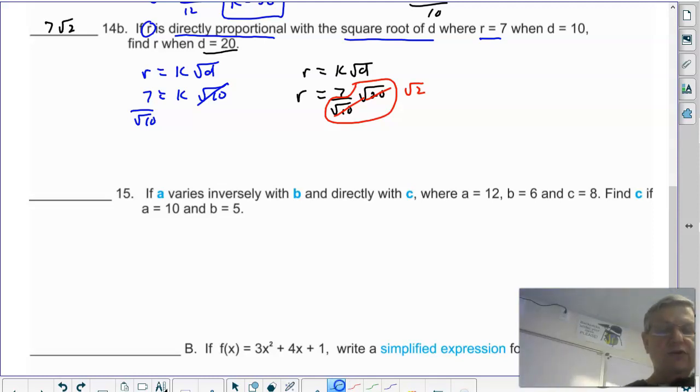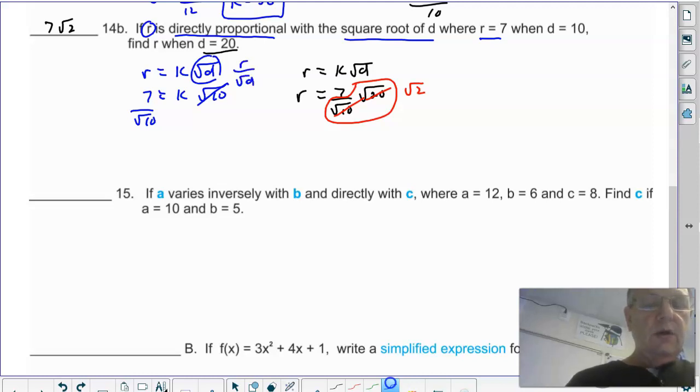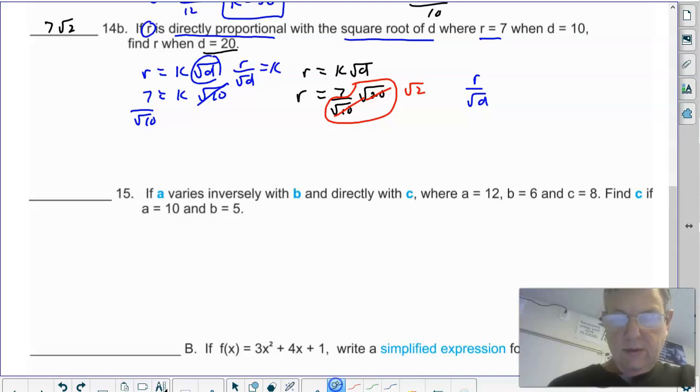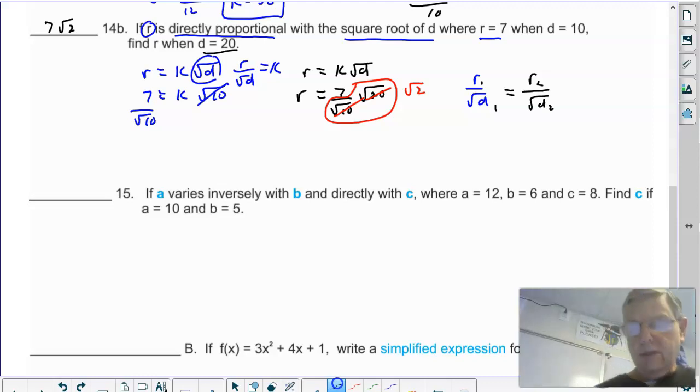You might say again, Mr. Scarfy, how would you do this one with the proportion? Well, again, you have to solve for k, so r over the square root of d equals k. So the left side would be r over the square root of d, these are the 1's, and the right side would be r over the square root of d, and these would be the 2's.